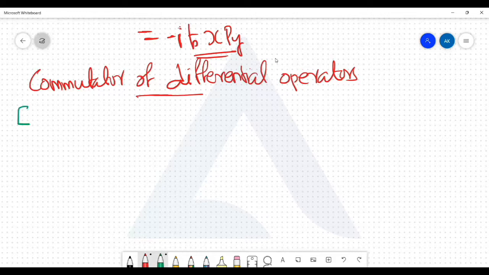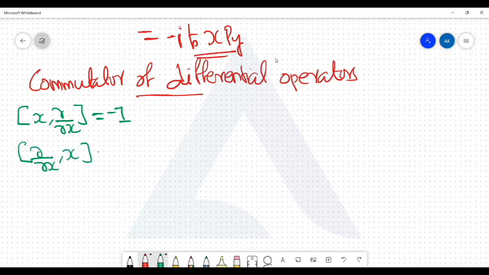If you have x with ∂/∂x, you will simply get minus 1. You will have ∂/∂x with x. This is 1. That is ∂/∂x with x is 1. You have to remember this. Derivative of x is simply 1. So keep that in mind. Okay.